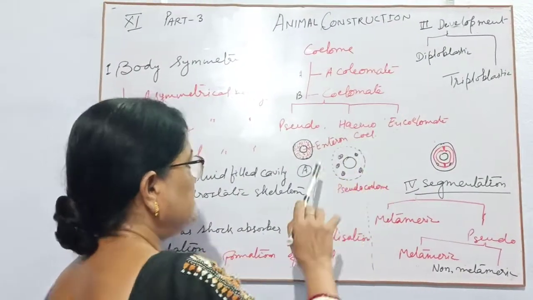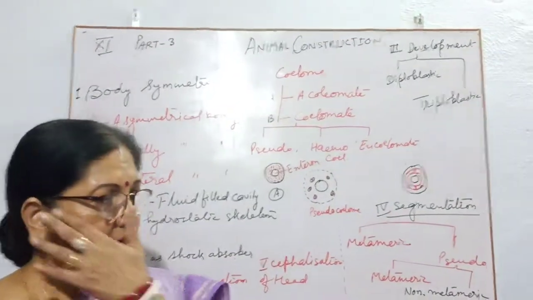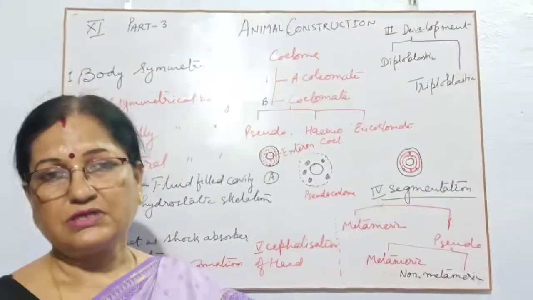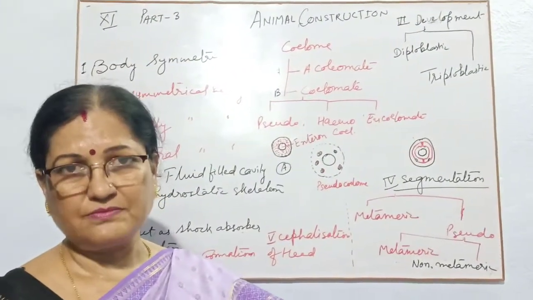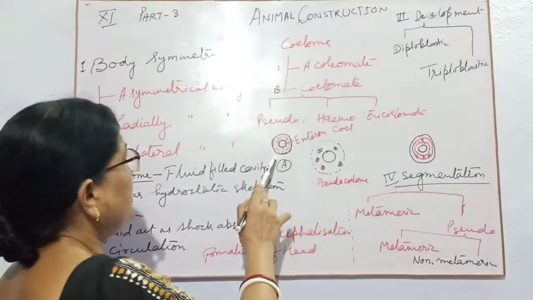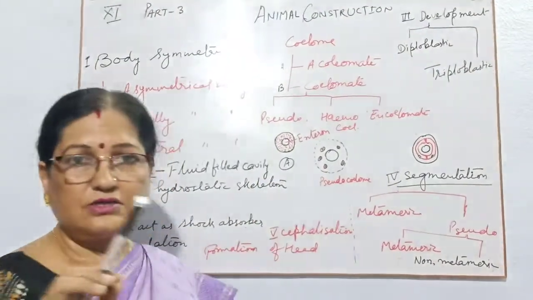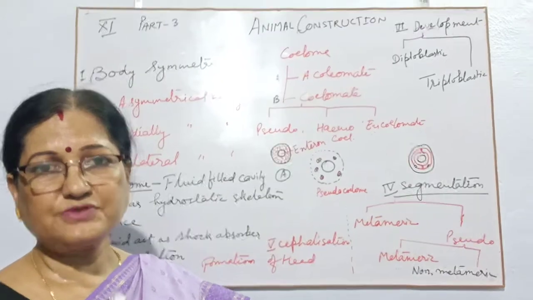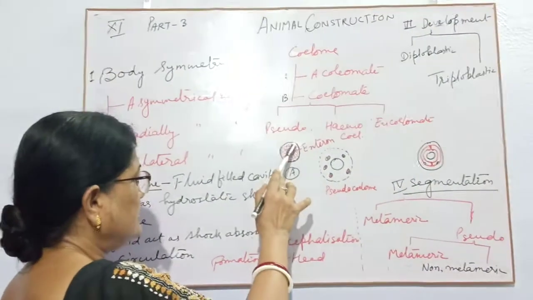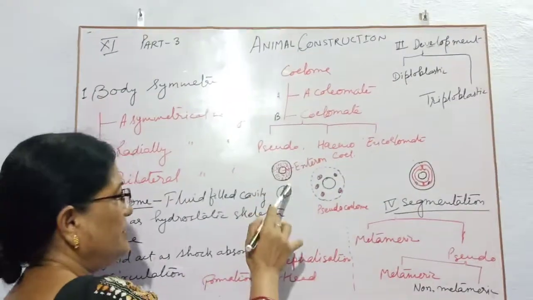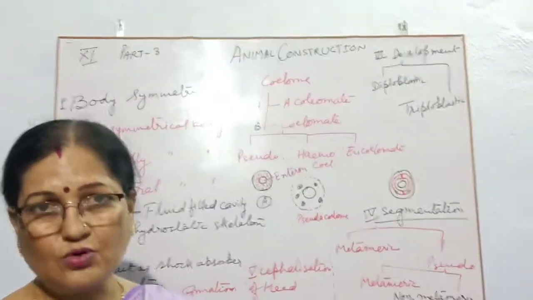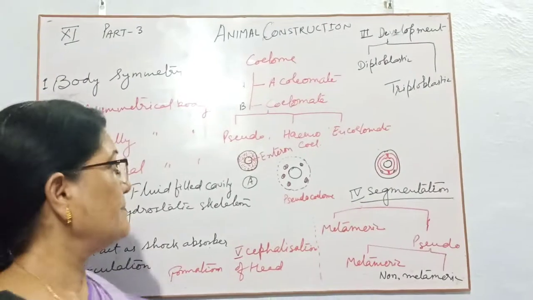When an animal develops through the ectoderm, endoderm and mesoderm, the mesoderm becomes solid in between the ectoderm and endoderm, and then they form the acoelomate body. That means there is no fluid inside the body.